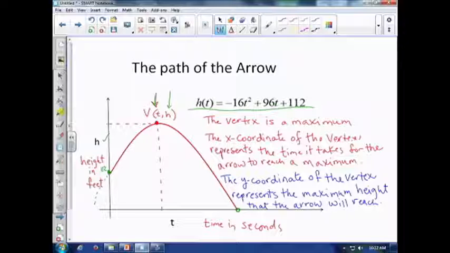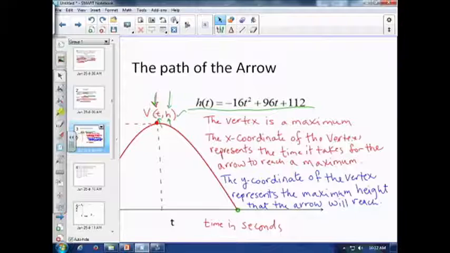So once you find the coordinates of the vertex right here, then you answer the first two questions, which is what's the maximum height, that is h, and how long it takes to reach a maximum height. So basically, to answer the first two questions, you need to find the coordinates of the vertex. And as I mentioned right here.